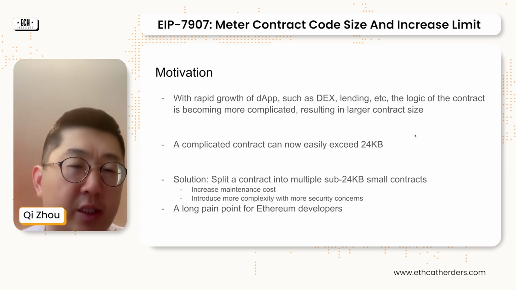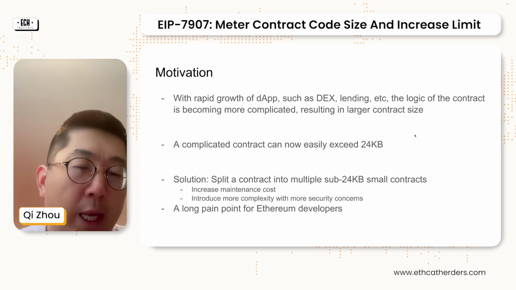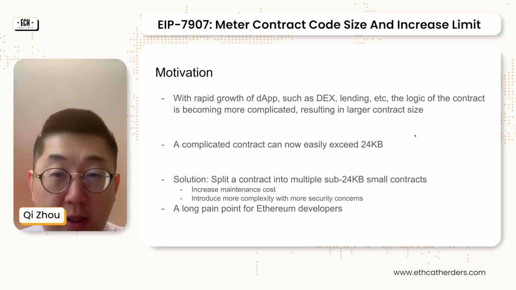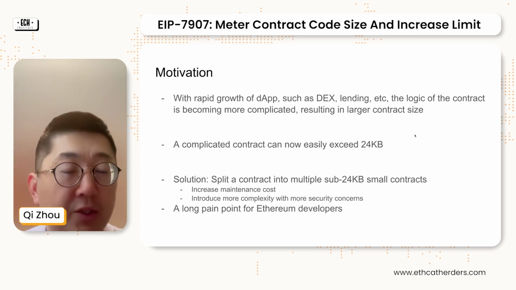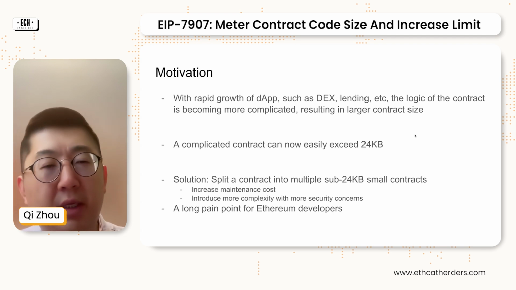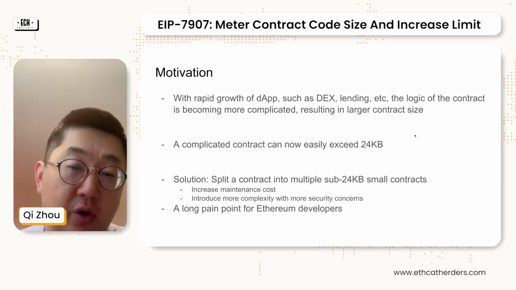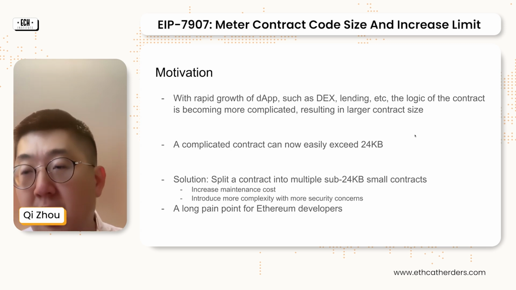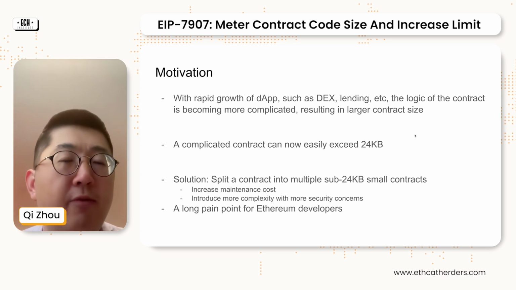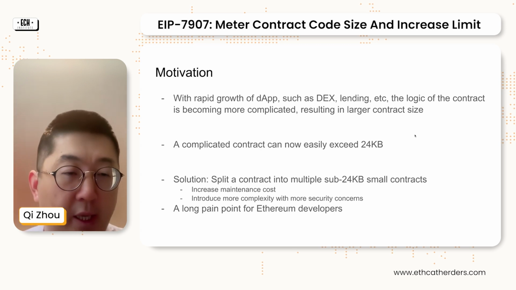I have experienced this a couple of times, even 3 or 4 years ago, not to mention other popular dApps. In order to circumvent these limits, one solution is to split the contract into multiple smaller contracts so that we can still perform the same function, but delegate part of the logic into smaller ones.